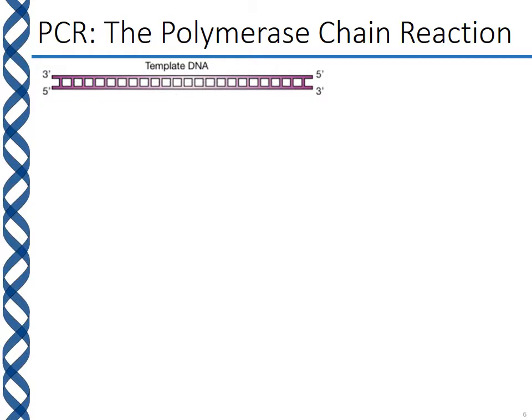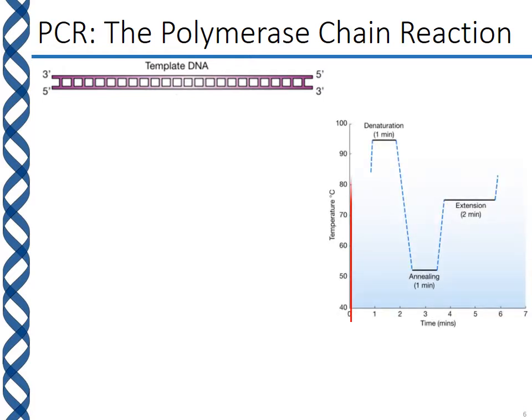So here's a slide that shows a typical PCR reaction diagrammatically. We have our double-stranded template DNA. So you see the 2 strands are bound together in their typical anti-parallel fashion. Here is essentially a typical PCR program, we would have our denaturation step, our annealing step, and the extension.